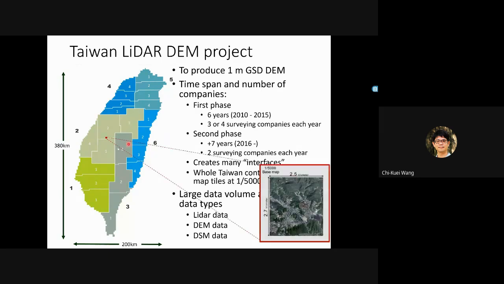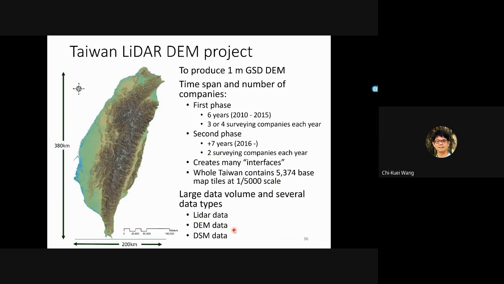So we need to cut all the data into smaller parts, but still make sure the borders have a good match with their neighboring maps. So it is a very large volume of data and several data types, not including the original LiDAR data. Actually, that's a lot. And then finally we create DEM data and also DSM data. So finally it looks like this.